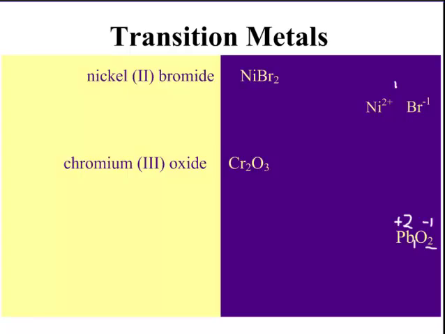So for this charge to be right, it would have to be doubled. That means for the charge of lead to be correct, it also needs to be doubled from what we currently have. Lead in this compound is not a +2, it's actually a +4. The correct name for PbO2 is lead 4 oxide.